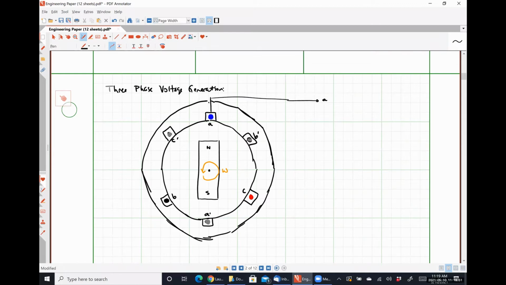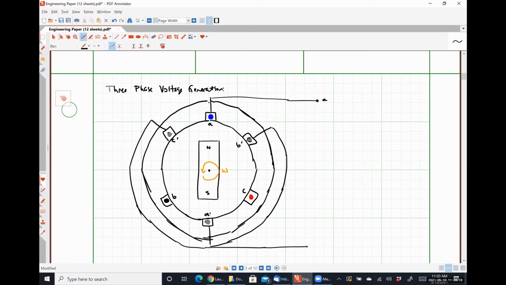All of my prime things are going to be attached together, like so. And these are tied to my neutral conductor.